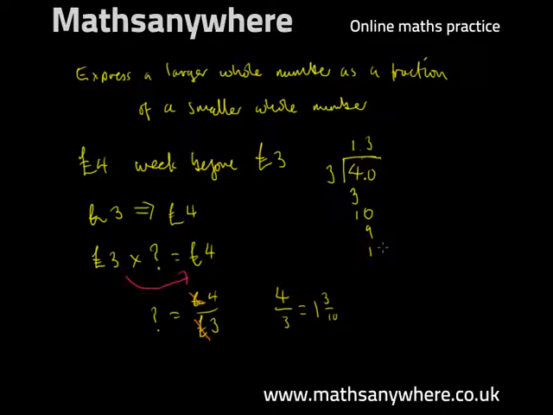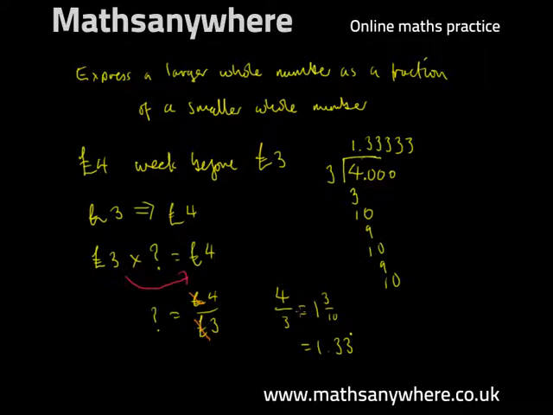Bring down the 0 from the hundredths column. 3 times 3 is 9. 10 minus 9 is 1. Bring down the 0 at the thousandths column. And I think you can probably see a pattern emerging where we've got 1.33333 recurring.